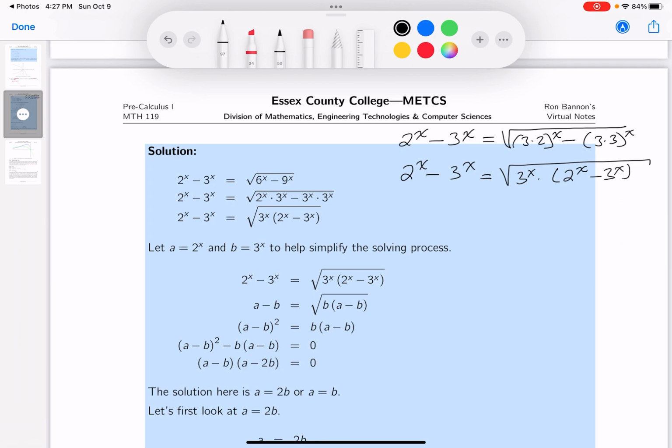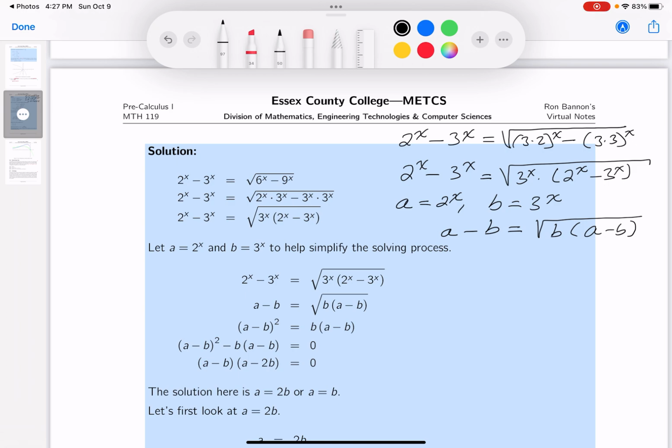To make it simpler, because I don't feel like rewriting this over and over again, I'm just going to say a is equal to 2 to the x, and b is equal to 3 to the x. So what do you get? You get a minus b equals, let's be careful here, b times a minus b.